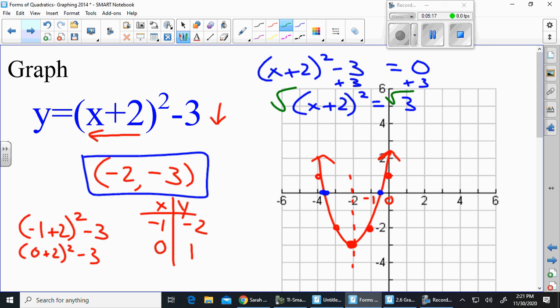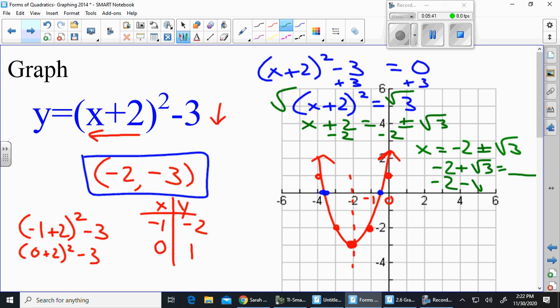Square root both sides. X plus 2 equals plus or minus square root of 3. Subtract 2. You'd have negative 2 plus or minus square root of 3. You'd actually have to find those. So you'd put in your calculator negative 2 plus square root of 3. Get that. Negative 2 minus square root of 3. And that would give you these decimal numbers.